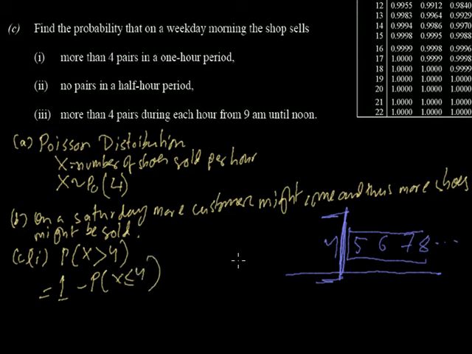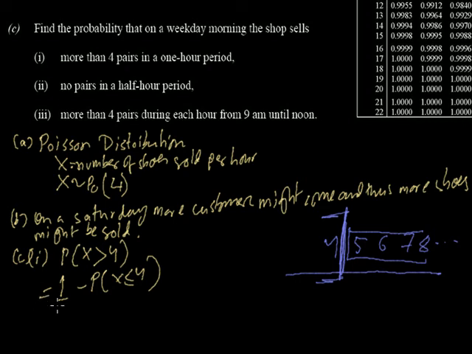That means from the entire probability, if you remove 4 or less than 4, whatever is left behind is what you want, more than 4. Remember, in discrete, you have to be careful. It is advisable to write this out here and then do the sum.